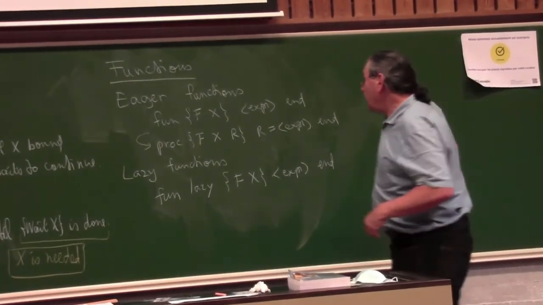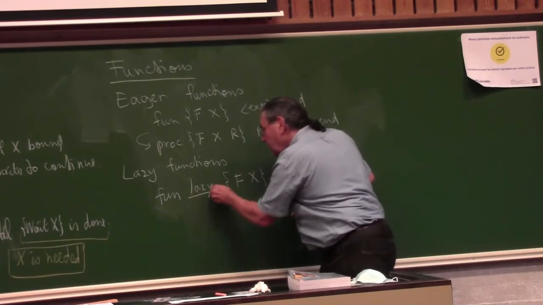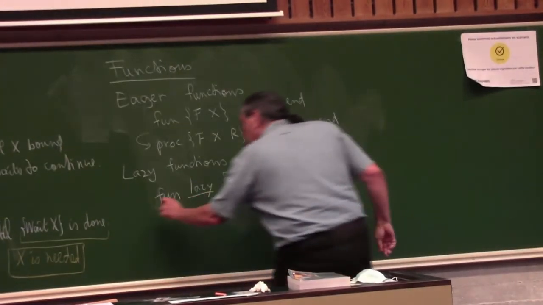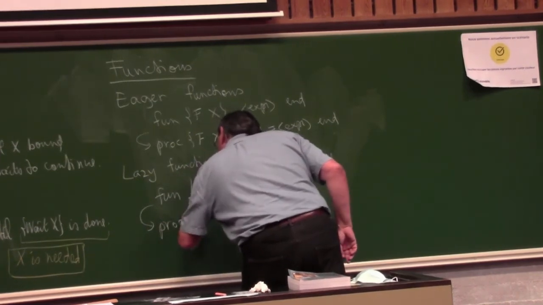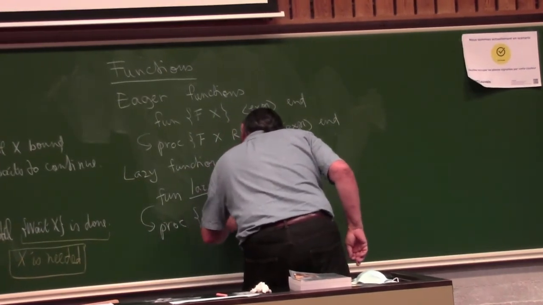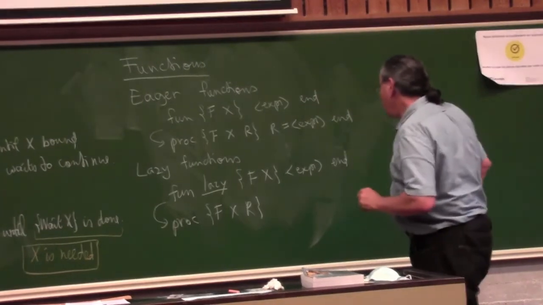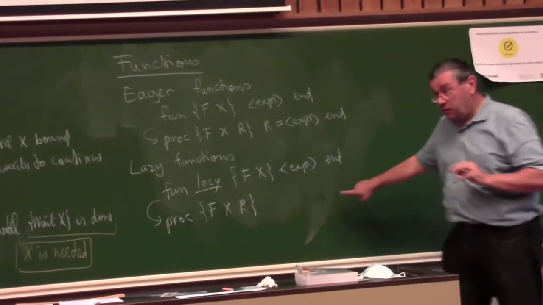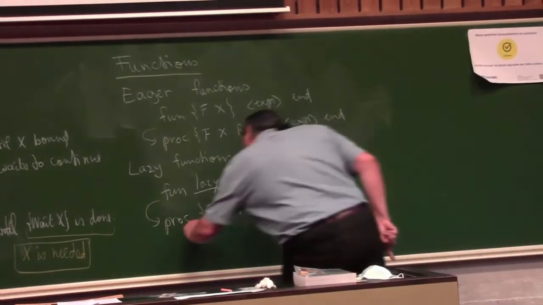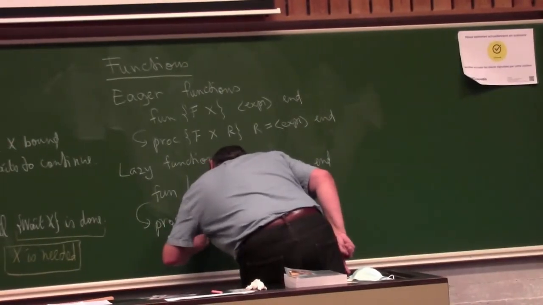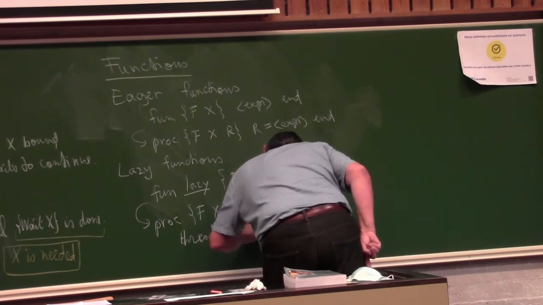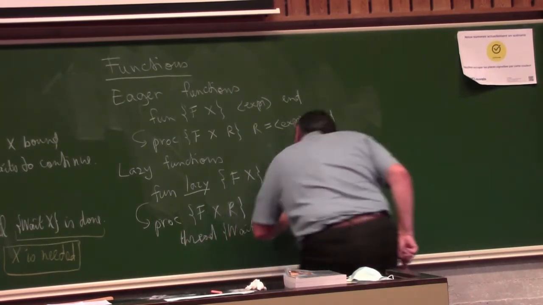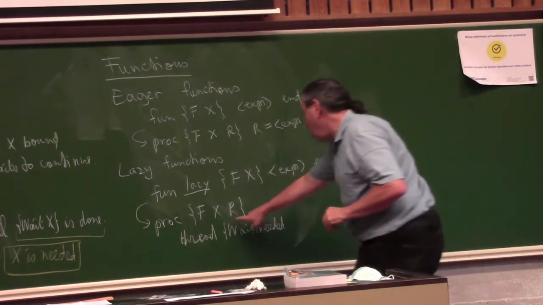Okay. So a lazy function has this lazy annotation, and it's also defined in kernel language in a slightly different way. It's going to be defined using wait needed. So it's going to create a thread that does wait needed of the result of the function, so of r.